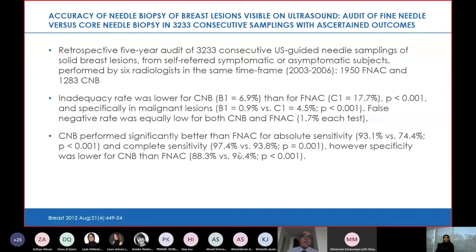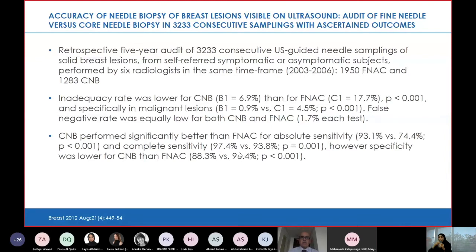This is particularly true in malignant lesions, while false negatives are basically the same in the two groups. So besides the better performance of core biopsy for sensitivity and the more or less similar specificity, we have a lower rate of inadequacy.